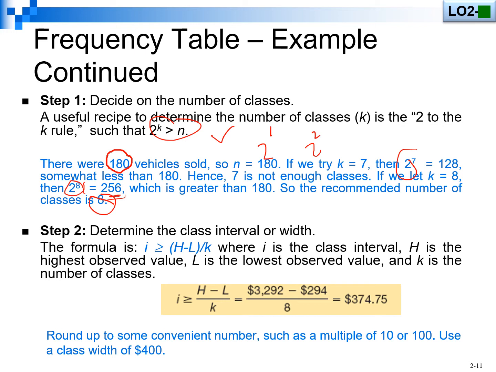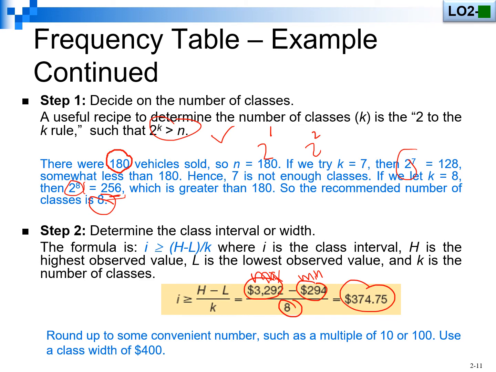Okay, now once you determine the number of classes, the question is, what should be the interval width? What you do is take the largest number, the maximum, subtract out the minimum number, which is the smallest, and then divide by the number of classes. In this case, you got about 374.75.